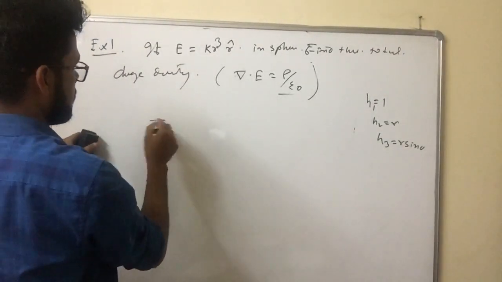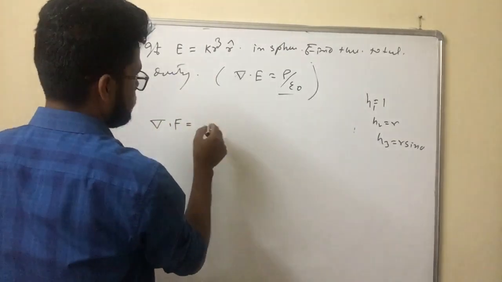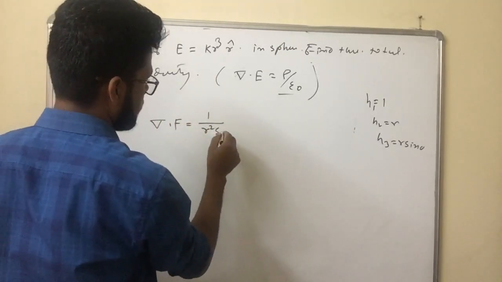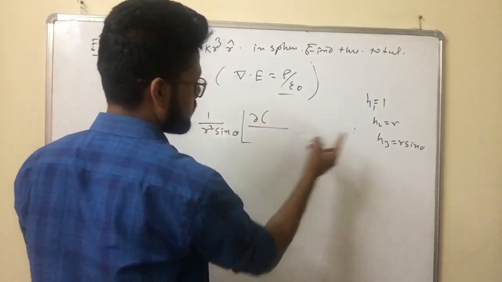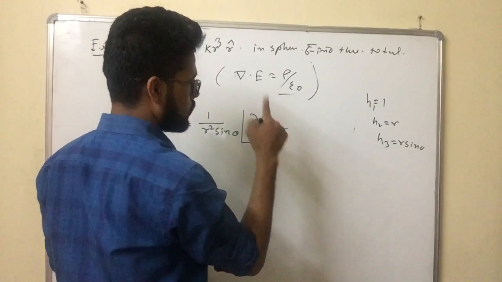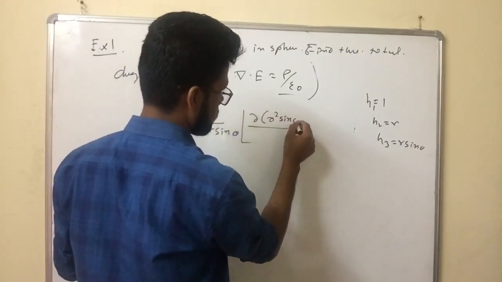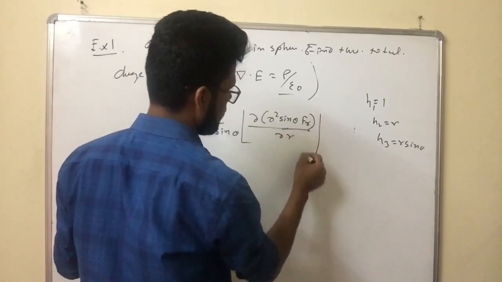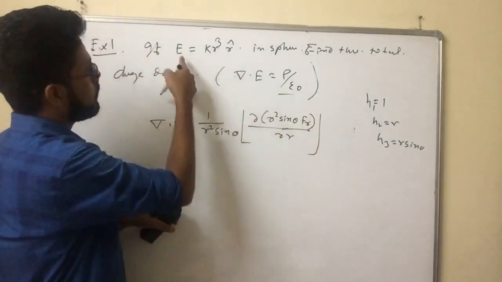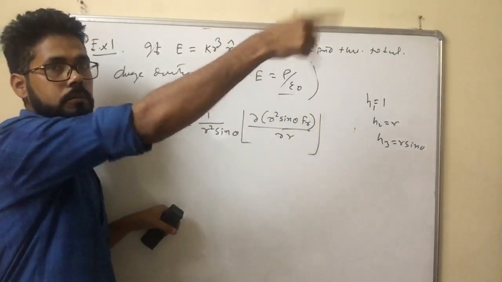Put these values. Divergence of F equal to 1 by r square sin theta, d by dr of h2 h3, which is r square sin theta, F r. The rest of the terms are missing because only the first component is given; theta component and phi component are not given.